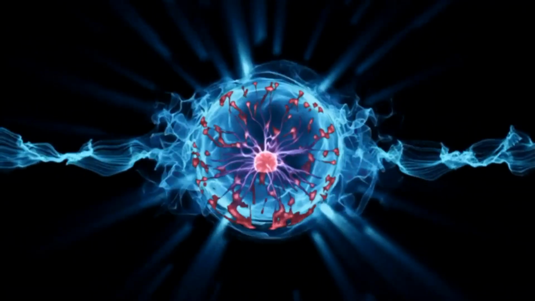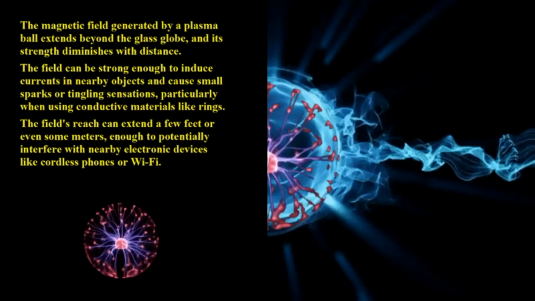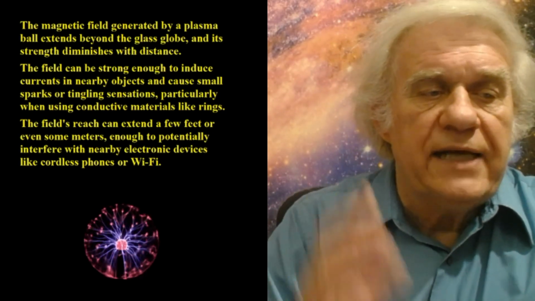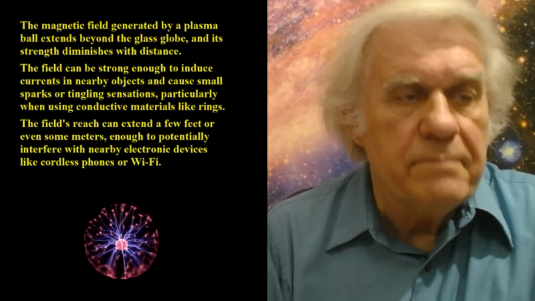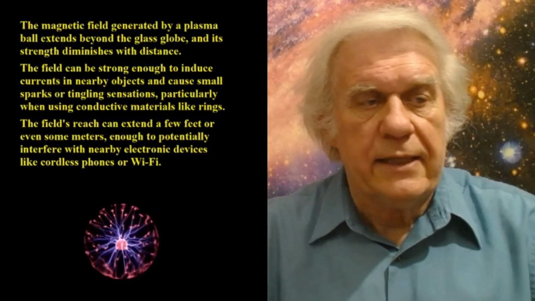And here you have a better description of that. The magnetic field generated by a plasma ball extends beyond the glass globe, and its strength diminishes with distance. Normal. We have that with any magnet, right?